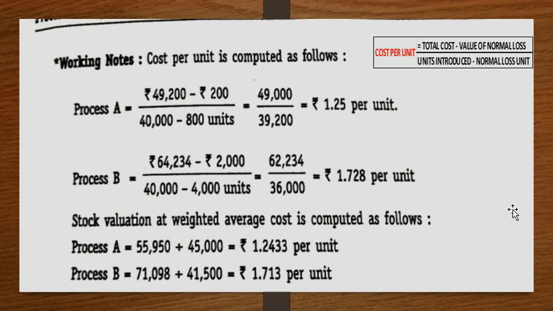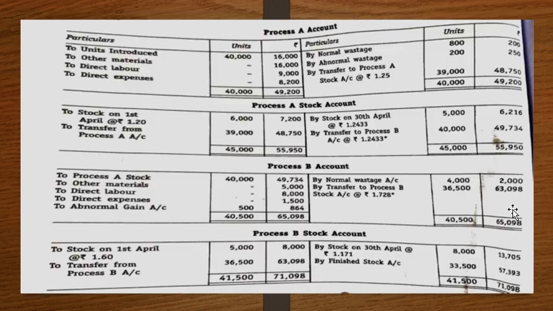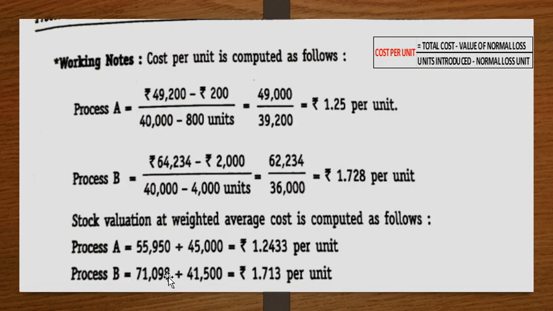Total cost is 8,000 plus 63,098, which gives 71,098, divided by total units 41,500. That is 1.713 per unit, which is the value of your closing stock.